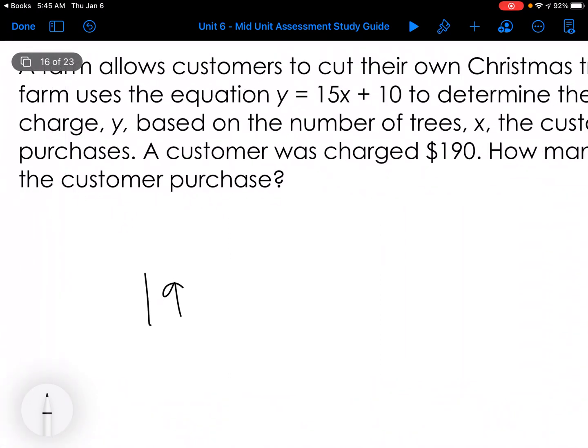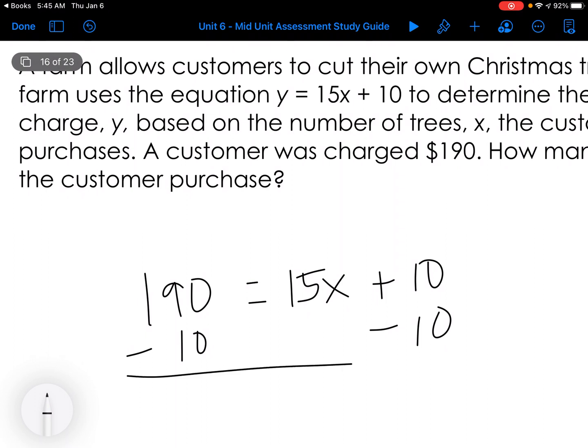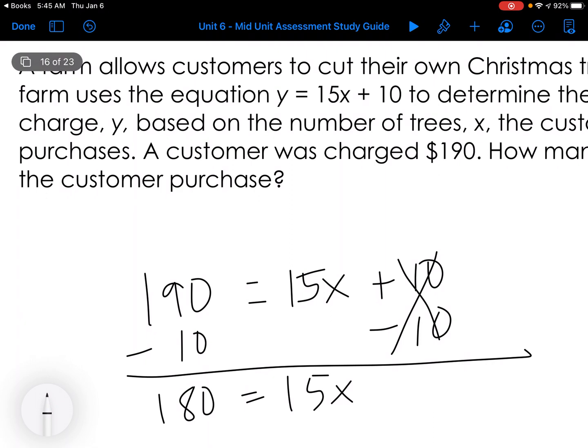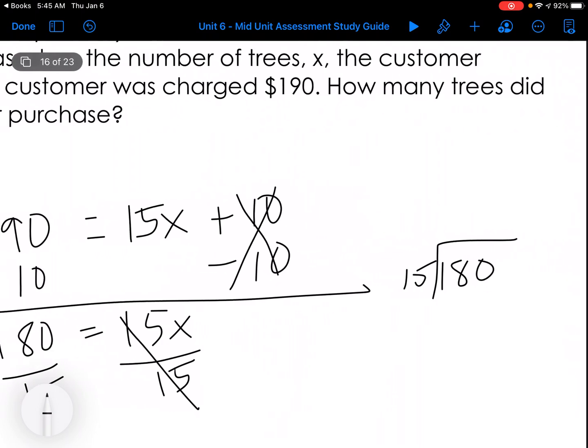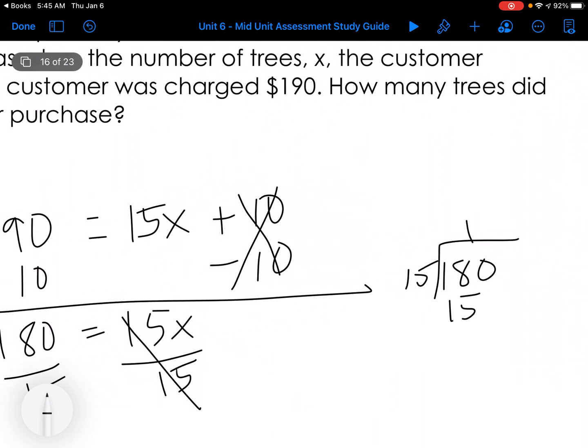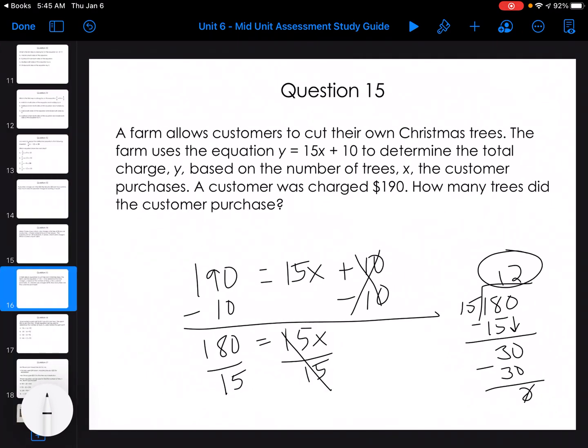So I know 190 is equal to 15x plus 10. So I'm going to divide by 15. So 180 divided by 15. So 12 trees.